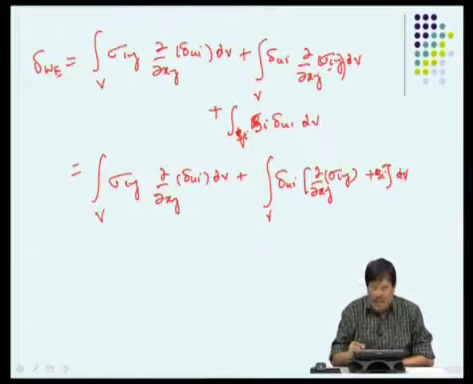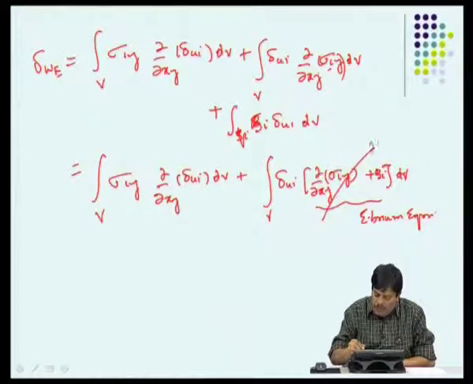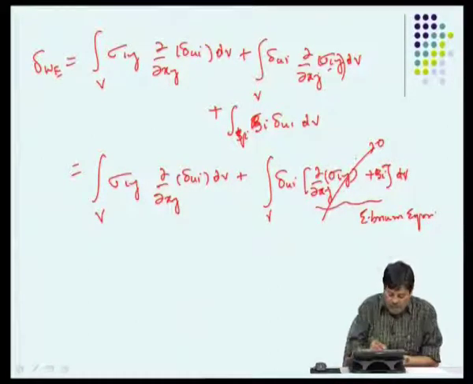So, essentially what happens is this is the equilibrium equation, which is equal to 0. So, we scratch this out to 0, we are left only with this.